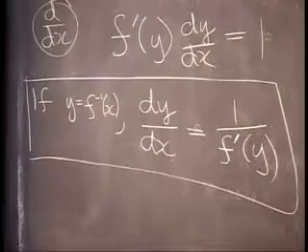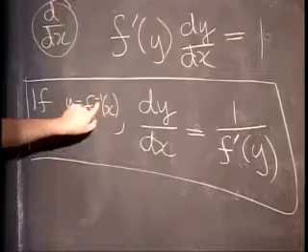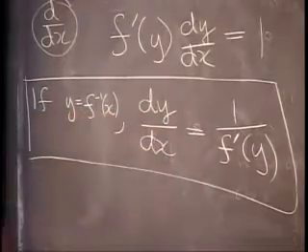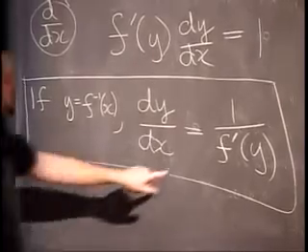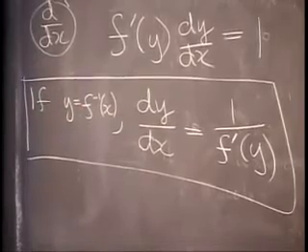So actually, derivatives have a reciprocal. Even though I caution, this does not mean the power minus 1. That's an inverse. Funnily enough, when you take the derivatives, you kind of got the reciprocal in there. Although it is f prime of y, not f prime of x. And that is a common source of error.